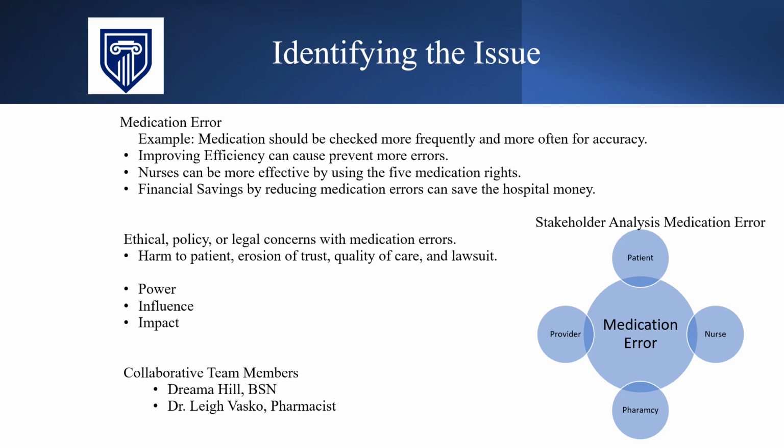Nurses can be more effective by using the 5 medication rights, which are the right patient, the right drug, the right time, the right dose, and the right route. And lastly, financial savings for the hospital by reducing medication errors can save the hospital money.